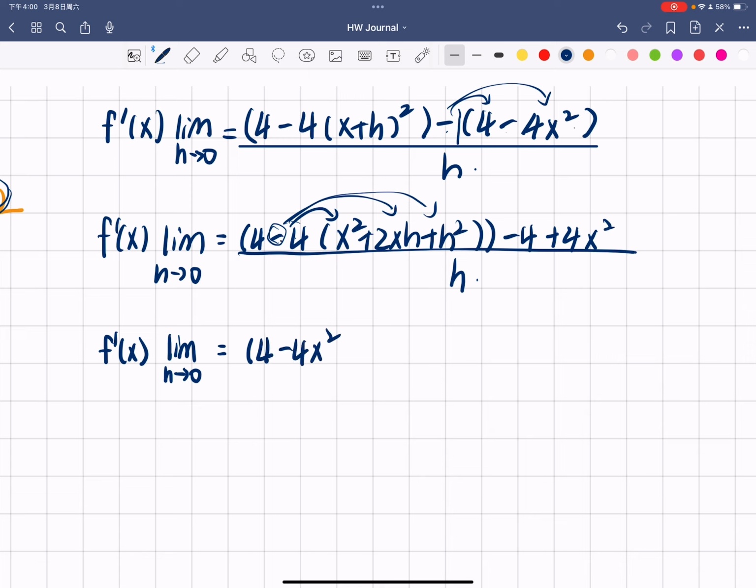Negative 4 times 2xh is negative 8xh. And then negative 4 times h squared is negative 4h squared. Minus 4 plus 4x squared over h.